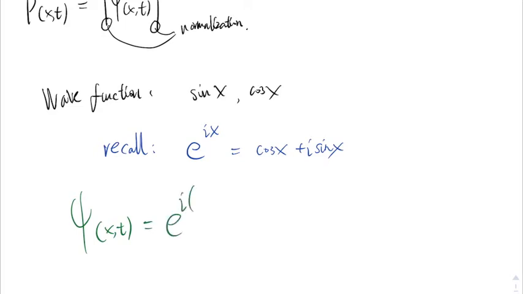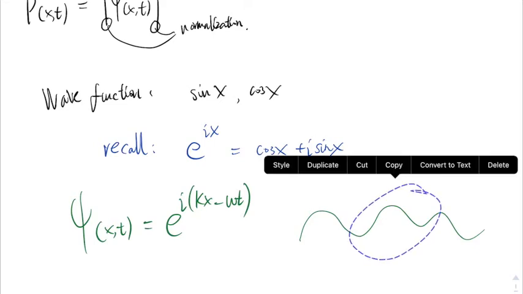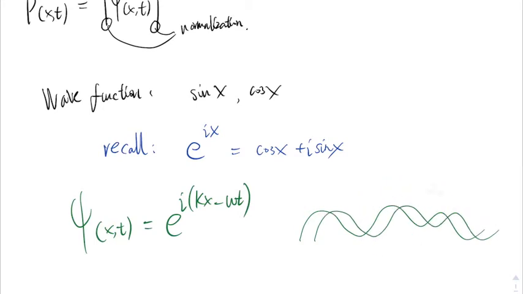So let's now express our general motivation, intuition of our wave function. It's equal to e to the i times (kx minus omega t). So k represents the wave number, related to the frequency of the wave in space, and then omega t defines the phase shift of the wave, traveling over time.